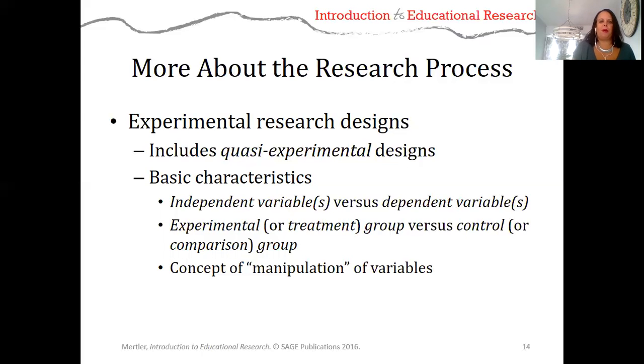And quasi-experimental might mean that you haven't randomly selected people, but you've randomly assigned them to conditions. And by conditions, I mean those that are in a study, maybe some that receive some training for online technology, and then some students who hadn't received training.